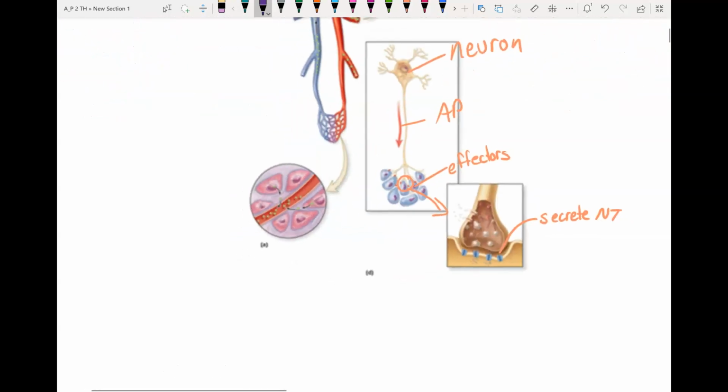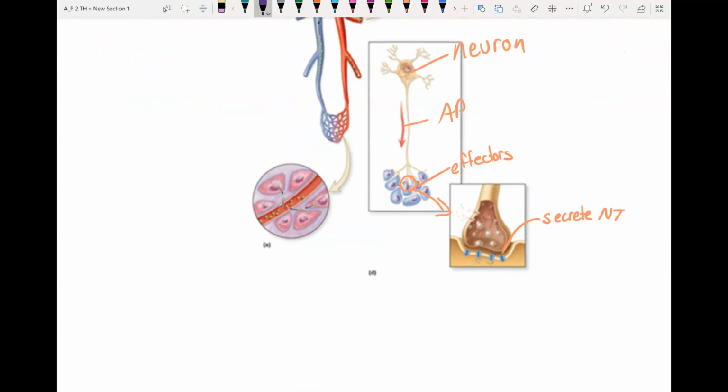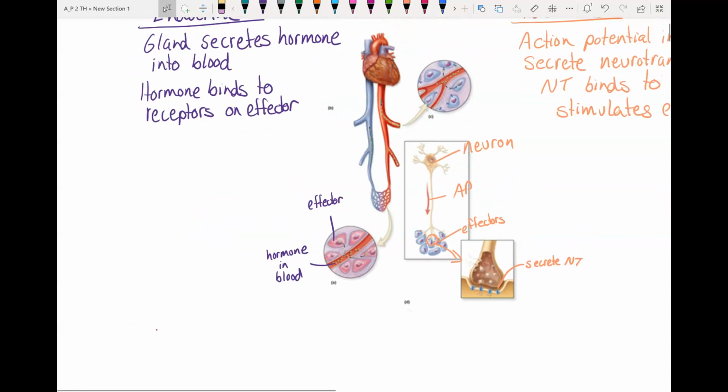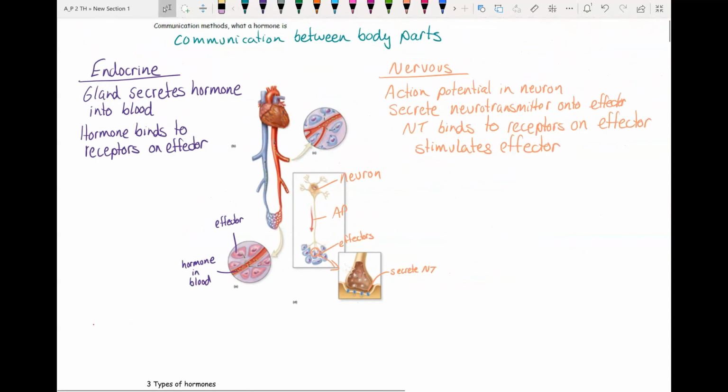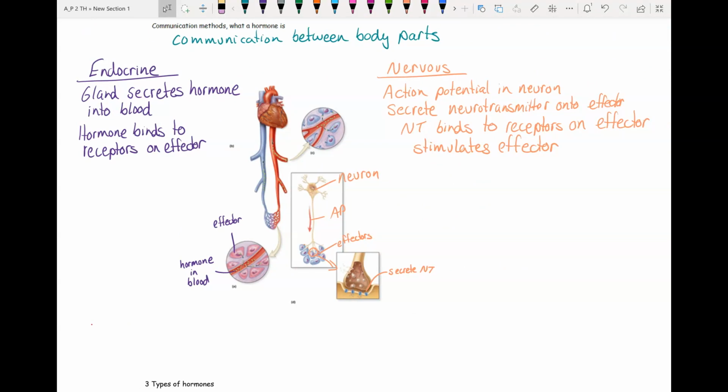So here on this side, you can see here's the hormone in the blood. These cells are the effector, and you can see that the hormone is leaving the blood and it's binding to receptors on those cells.